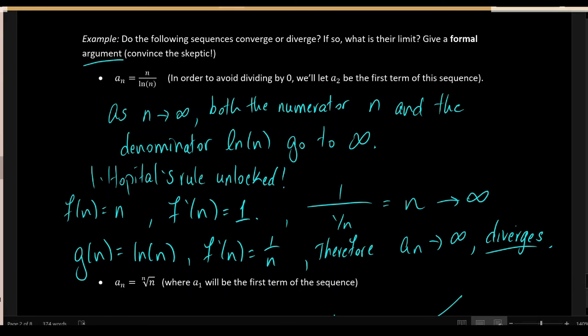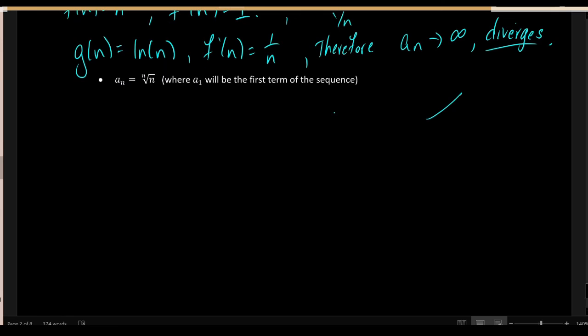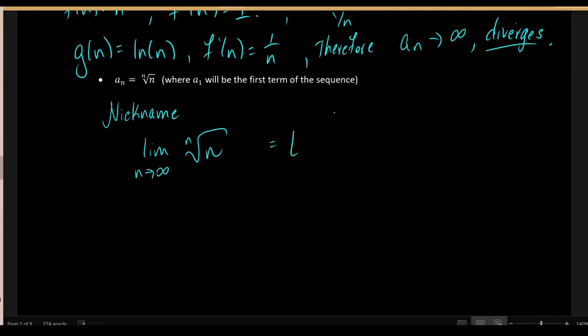Let's do another slightly less straightforward example of L'Hopital's rule, where we have a_n equals the nth root of n. Very famous. So I'm going to nickname the limit of this sequence by capital L. I have no idea what it is or even if it exists, but I'm just going to put a placeholder letter there.